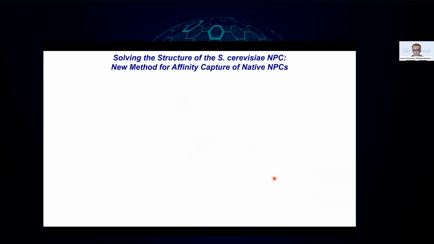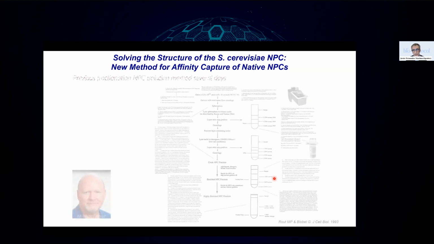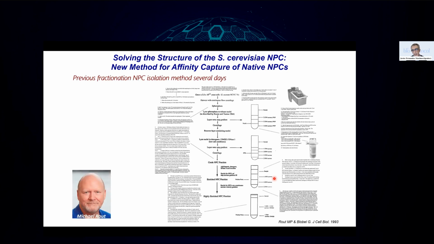So the first method, or the most successful method developed to generate and isolate nuclear pore complexes, was developed by Michael Rout in Gunther Blobel's lab. And it was a method that was really awesome. It allowed us to purify nuclear pore complexes very successfully, but it has some disadvantages that we needed to address.